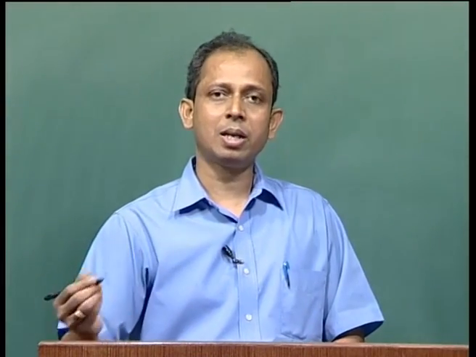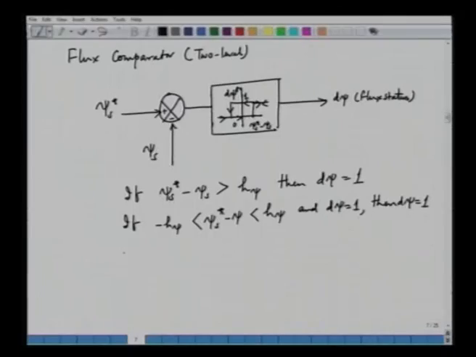If earlier the flux status d psi was 1, and right now the error is within the band, the flux status is maintained, that is, d psi was previously equal to 1, and right now also it will be equal to 1. And if psi s star minus psi s is less than minus h psi, then d psi is equal to 0, the flux status becomes 0.